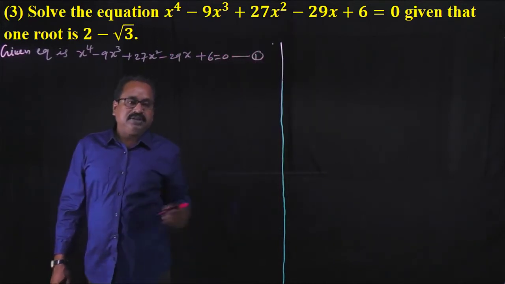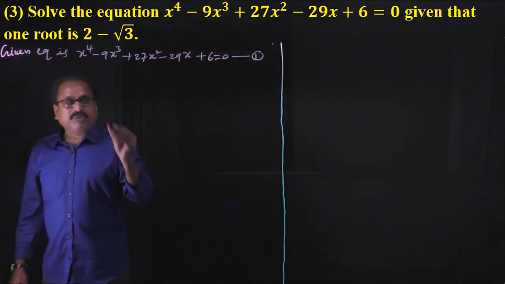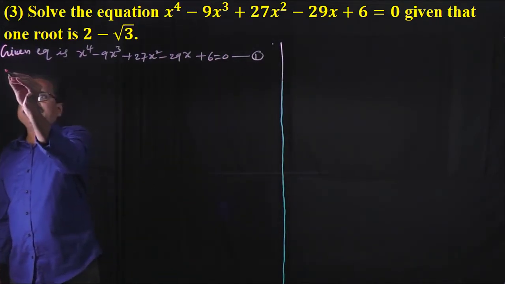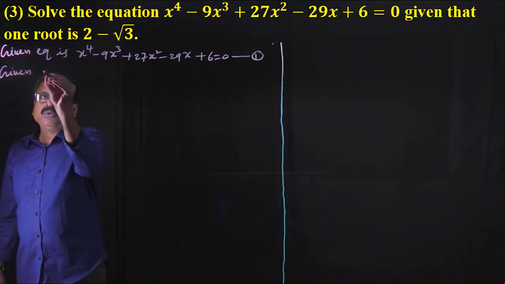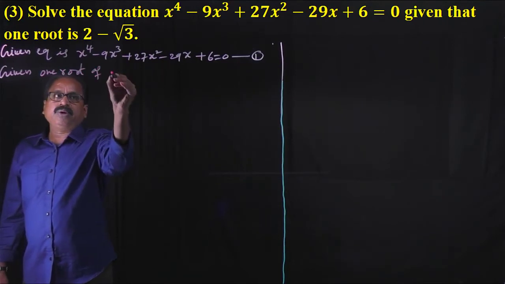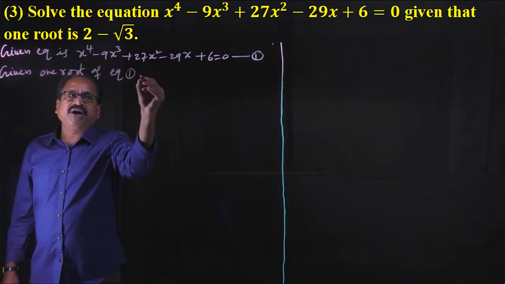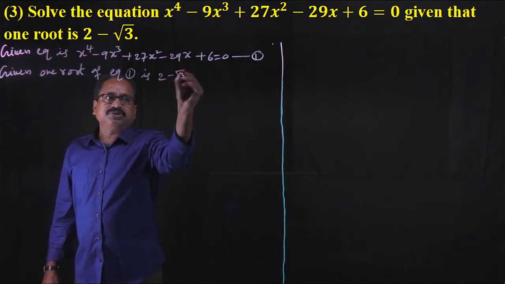This is equation number 1. Given one root of equation 1 is 2 minus root 3.